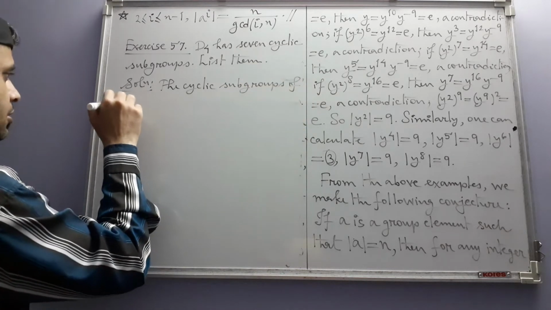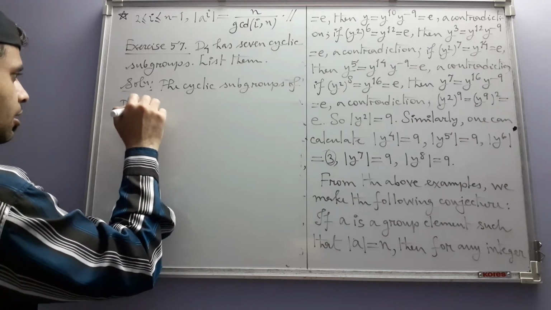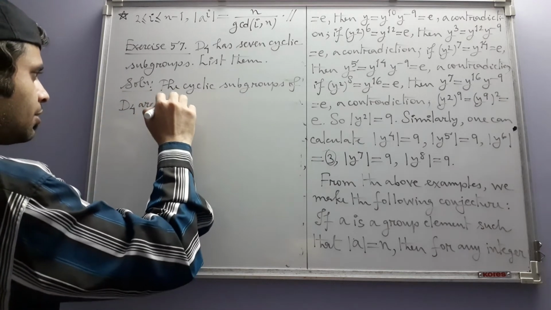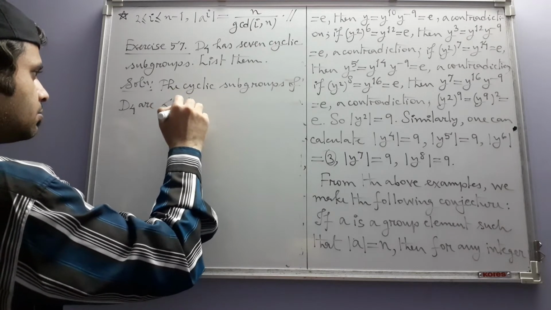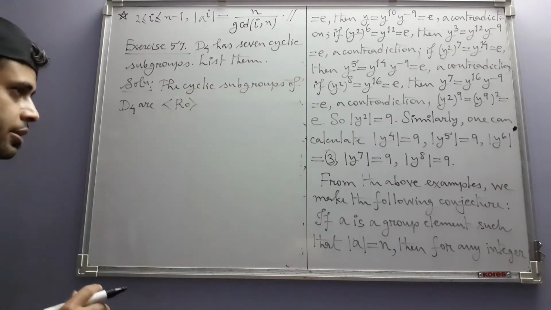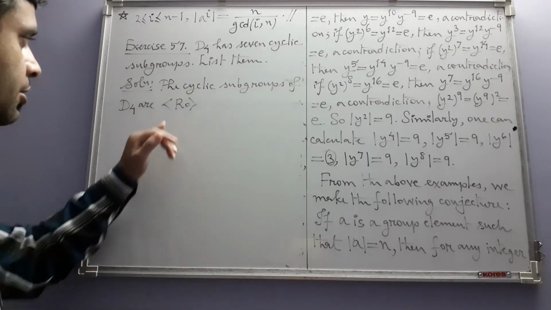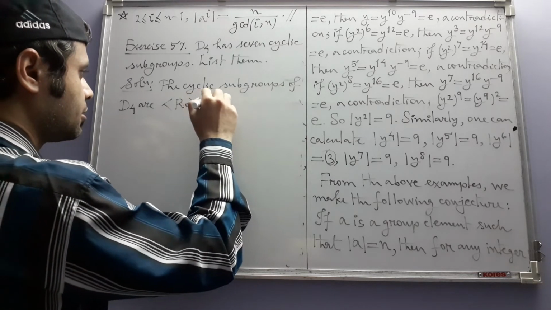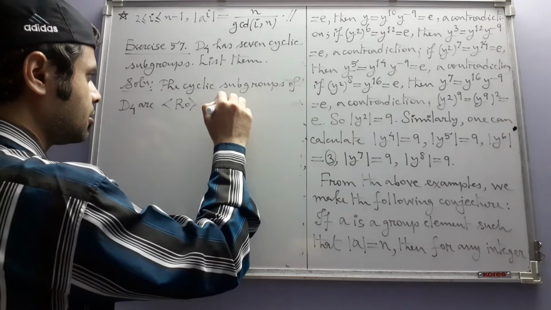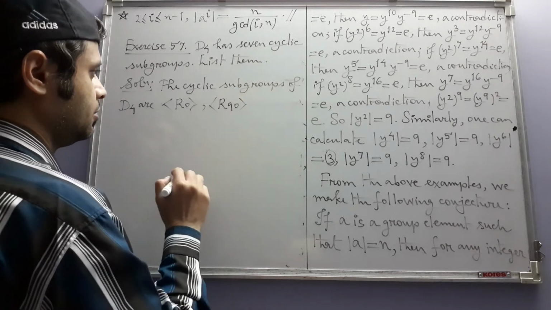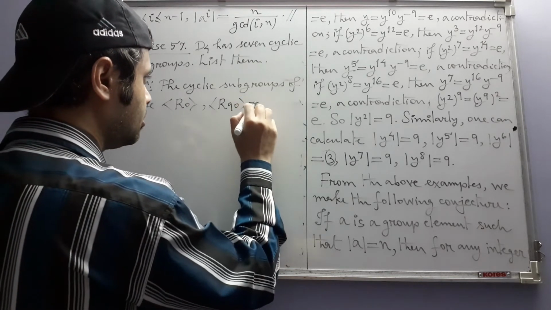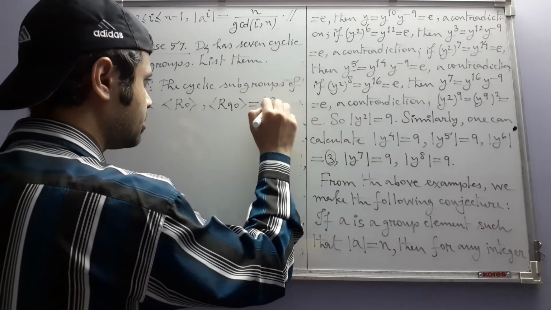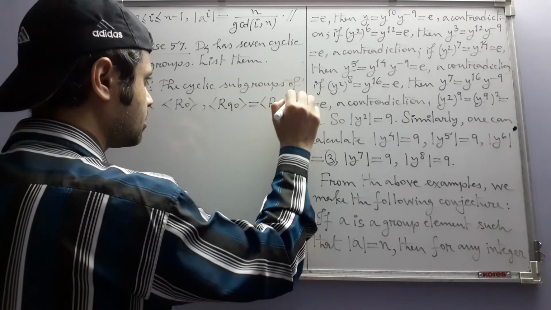The cyclic subgroups of D4 are, the first one of course is the trivial group consisting of only the identity element and also generated by the identity element. Then the subgroup generated by the rotation R90, which turns out to be equal to the subgroup generated by the rotation R270.